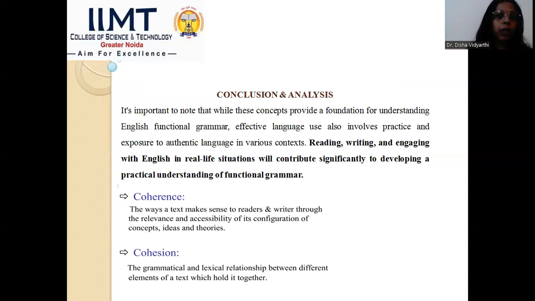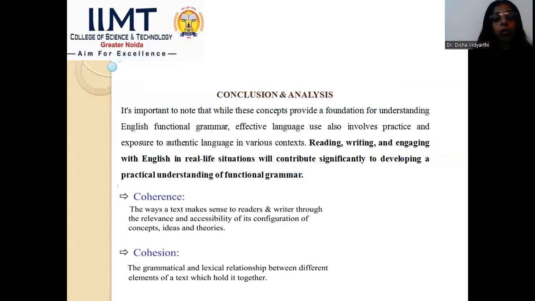But for effective communication, you have to broaden your canvas, you have to involve many other things apart from the grammatical rules, and there comes the role of functional grammar, where you have to work on your socio-cultural aspects, on the interpersonal relationships, on enhancing your vocabulary.